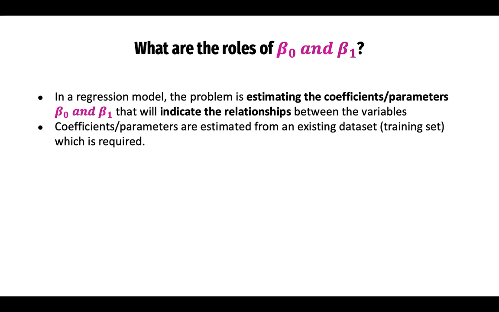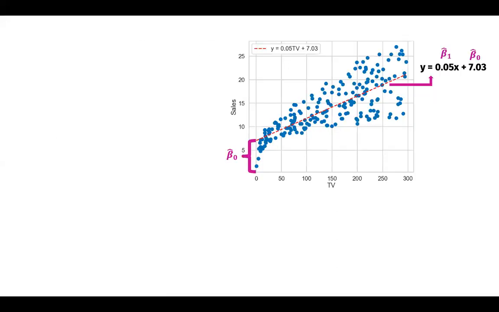Because these parameters, beta 1 and beta naught, will indicate the relationships between the variables. Having these values, the model will be interpretable. These coefficients are estimated from an existing data set or training set which is required.